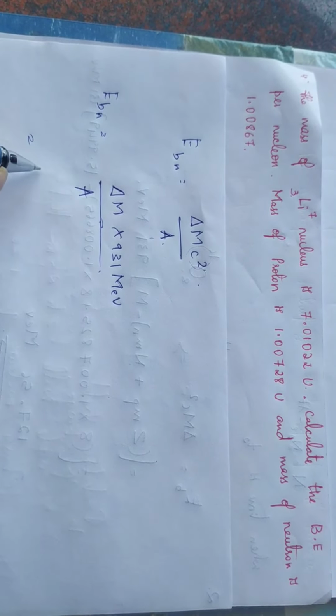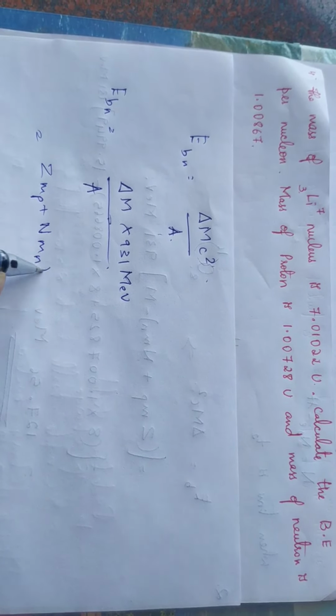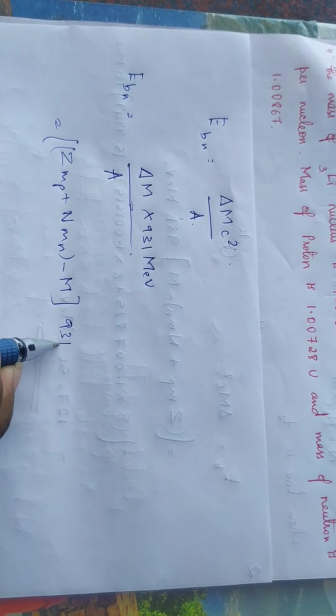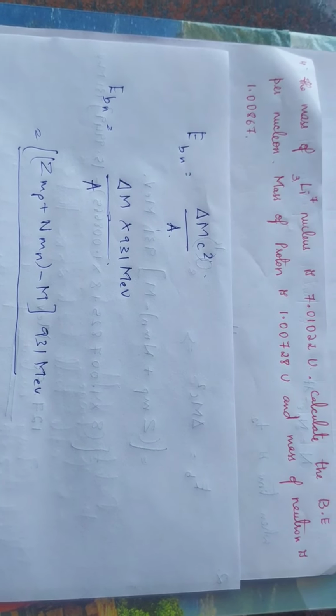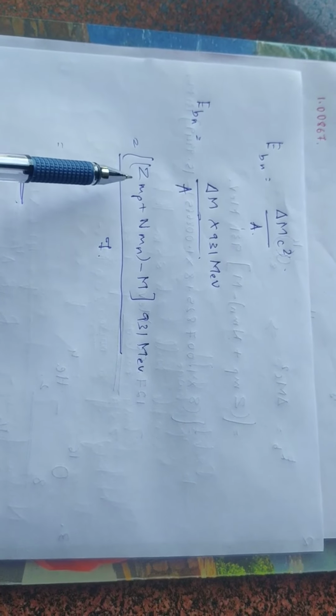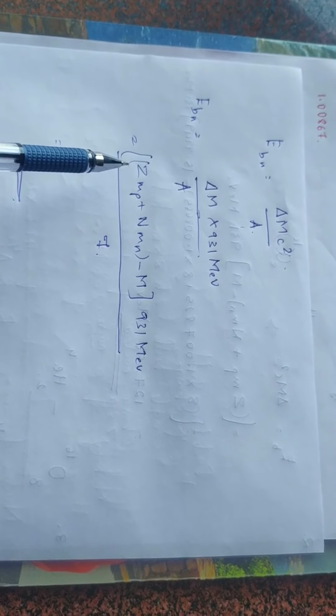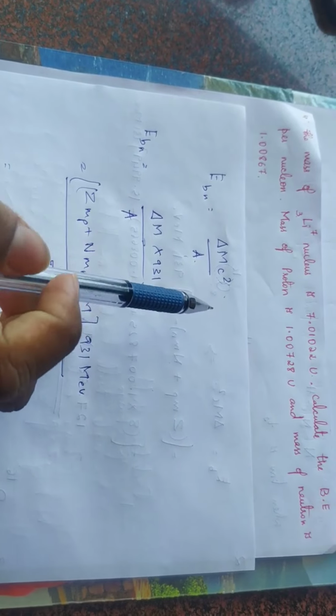So just a substitution is here, nothing else. Δm is nothing but Z·m_p + N·m_n, whole minus m. This is Δm. And A, what is A? 3 or 7? Yeah, 7, right? So you'll get some answer. In this way you can solve this. It's very easy. You just have to apply the formula and give these values.